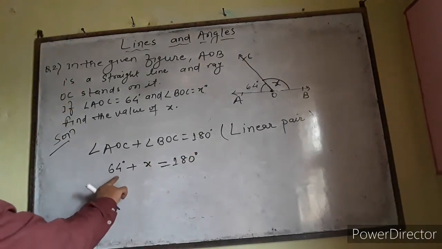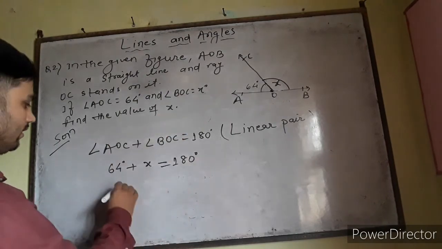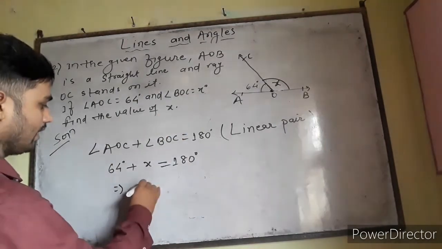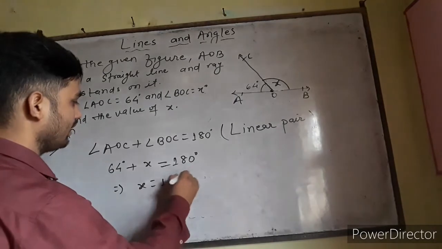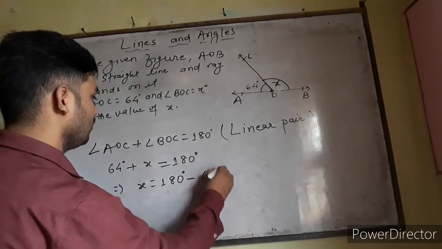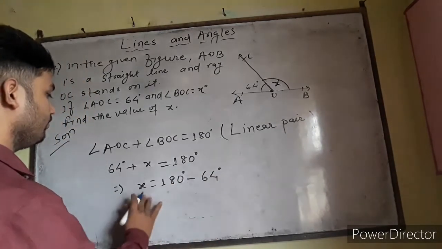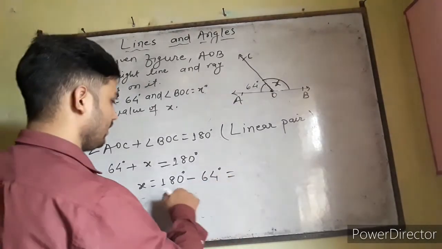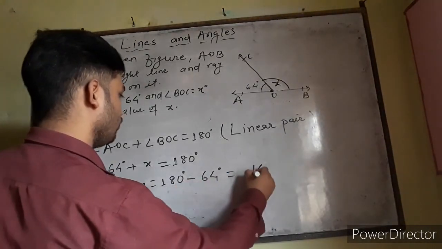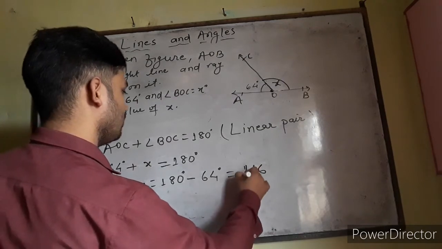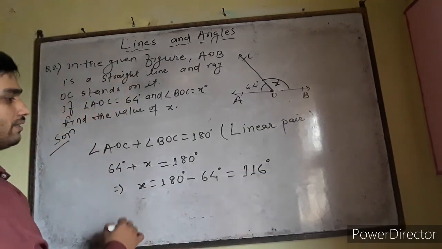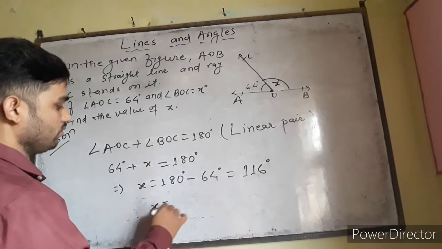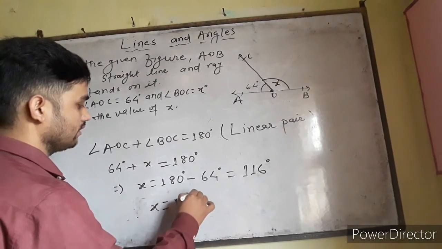Now transpose 64 to the right side. x is equal to 180 degrees minus 64 degrees, which is 116 degrees. So x is equal to 116 degrees.